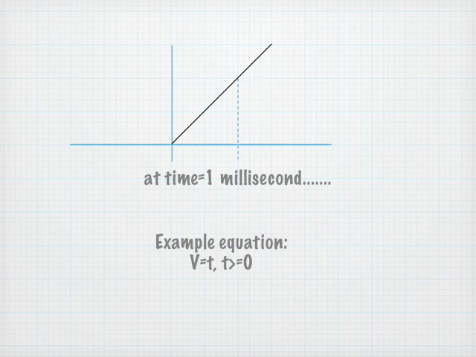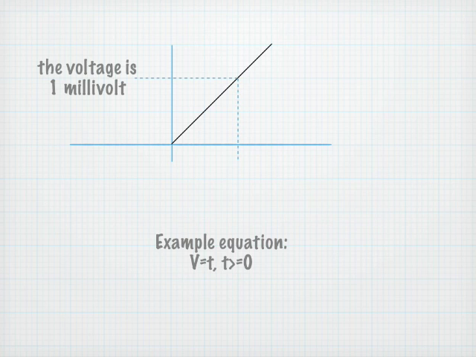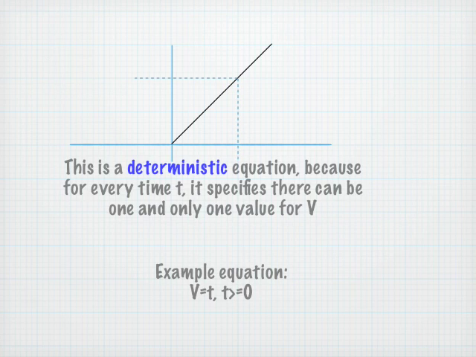At time equals 1 millisecond, the voltage is going to be 1 millivolt because V equals t. All the way along this line, as time increases, so does the voltage linearly. This is a deterministic equation because for every time t, it specifies one and only one value for V. There's just no ambiguity here in what the solution can be.